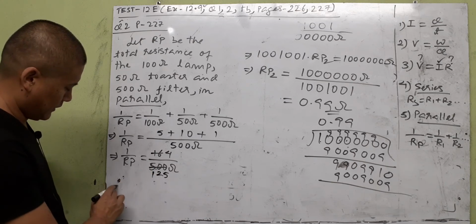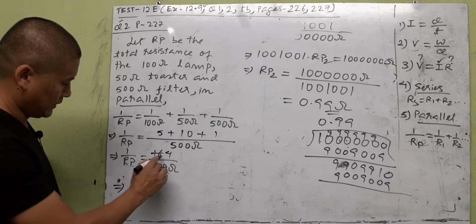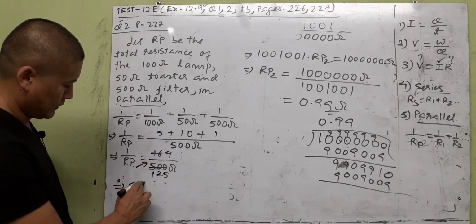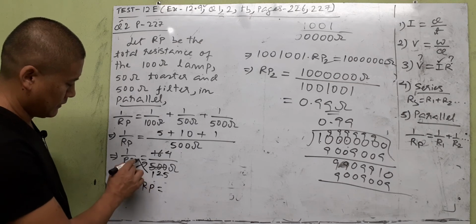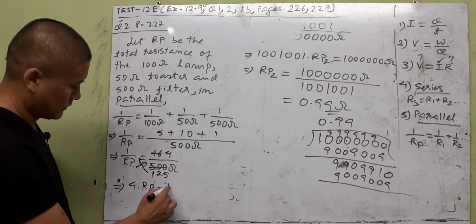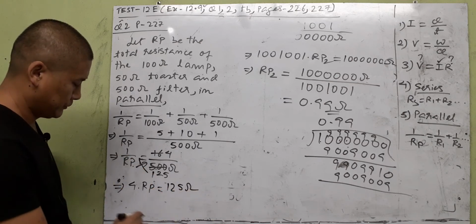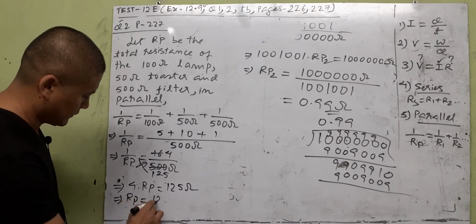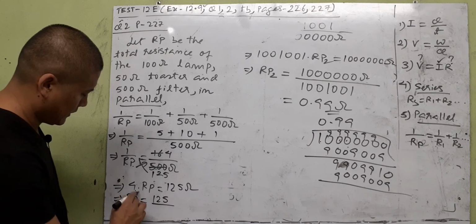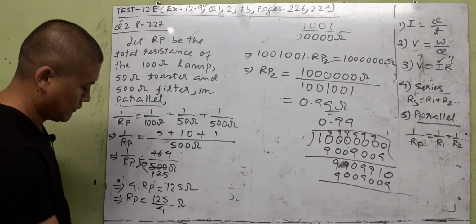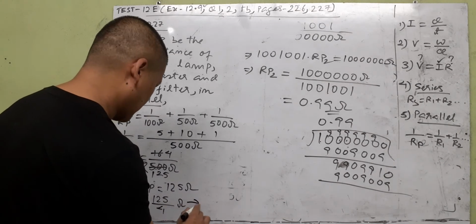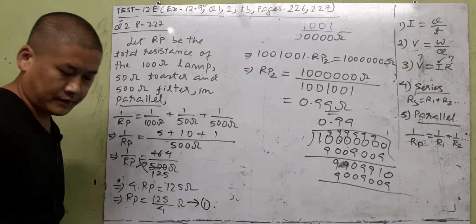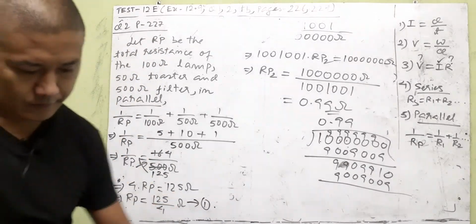So let's keep it like that and cross multiply, and then you're going to get RP into 4 is 4 into RP. Then down and up, 125 ohm into 1 is 125 ohm. So you're going to get RP is equal to 125 divided by 4 ohms. We're going to keep this one as equation number 1. Total resistance of these three together is this much.